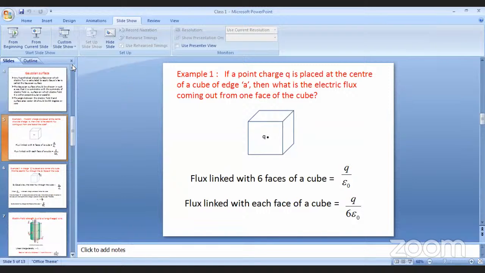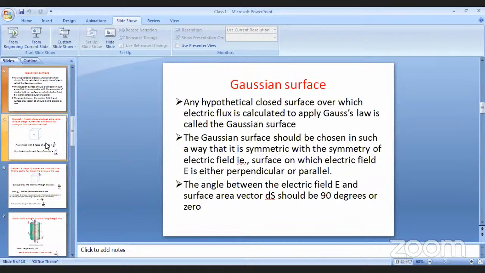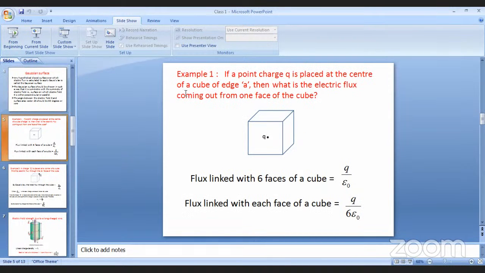Now, using the Gauss law or Gauss theorem, we are going to calculate the electric flux coming out through one face of the cube. You can see the diagram in the slide.